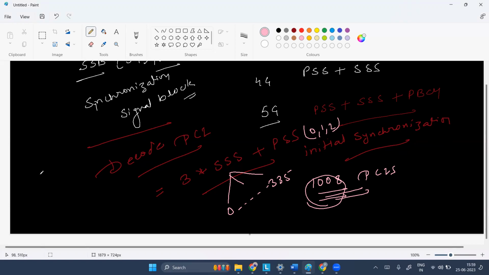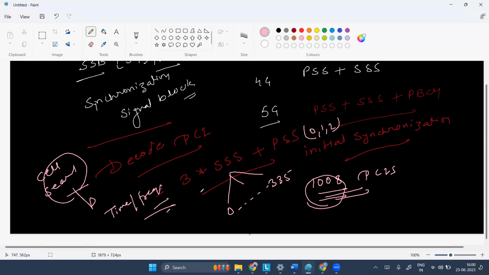PCI is necessary for the cell search procedure, so that we can identify which cell we are camping on, right? In the cell search procedure, this procedure allows the UE to acquire time and frequency synchronization with the cell and detect the PCI of that cell, right?